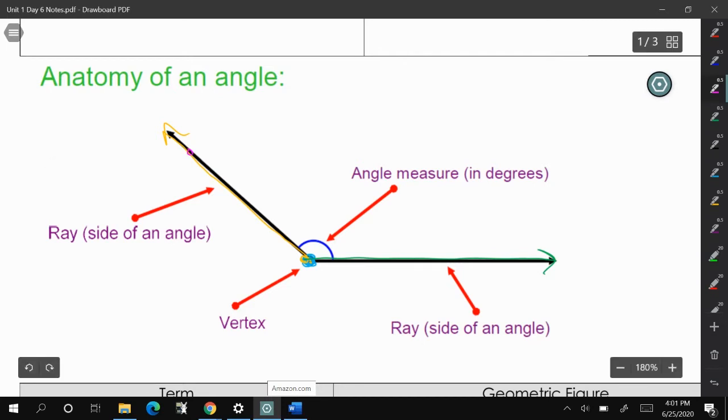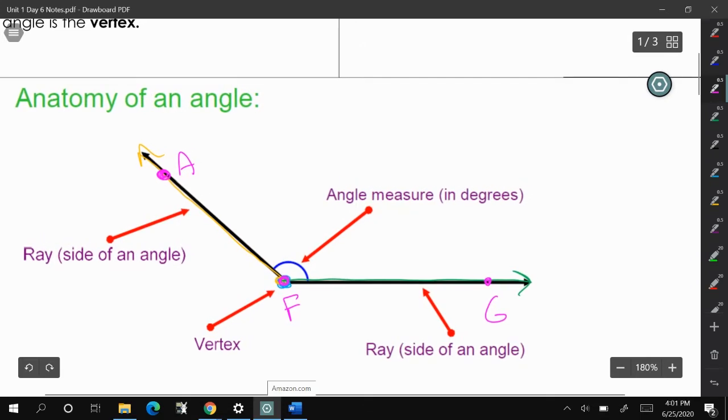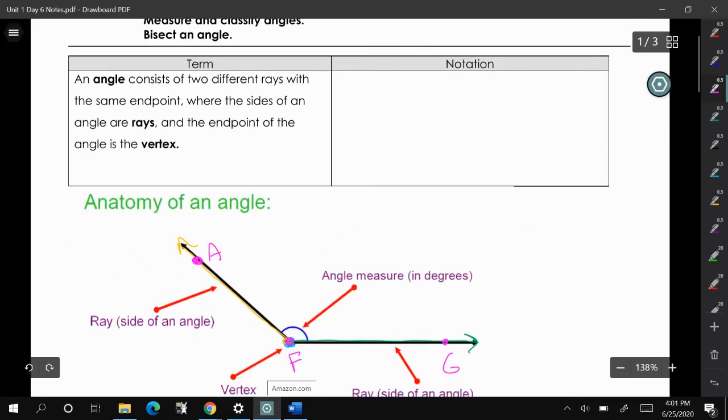So let's pretend that we have point A, F, G. So for this angle, we could talk about it as angle F, the vertex. We could call it angle AFG. We could also call it angle GFA.